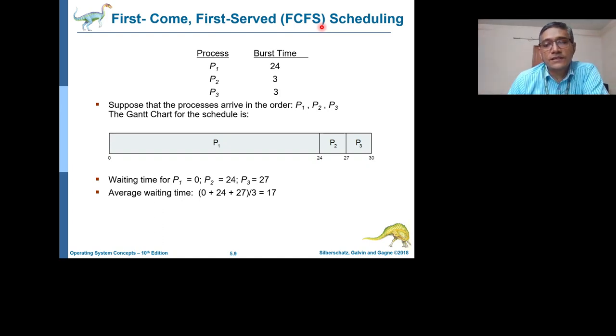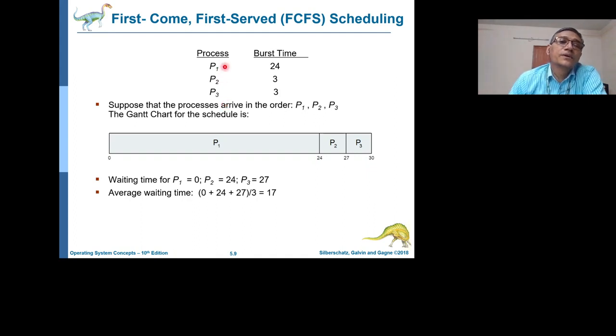So we consider the order in which the processes are mentioned in the table: P1, P2, P3, because no arrival time is explicitly given. If the arrival time is not specified, we consider that all processes P1, P2, P3 are available at 0 milliseconds.